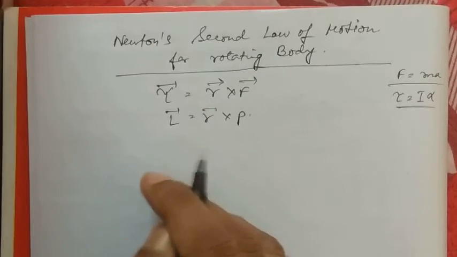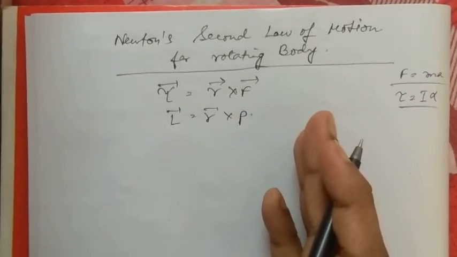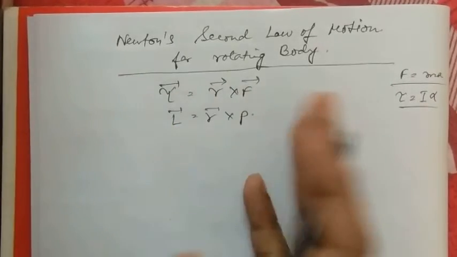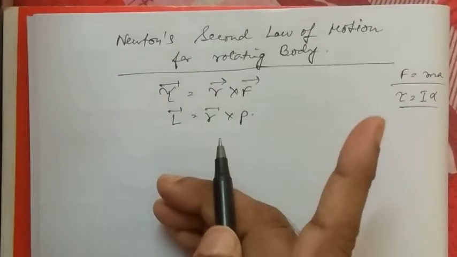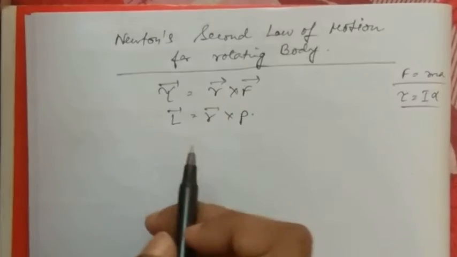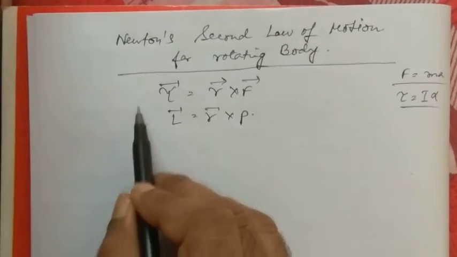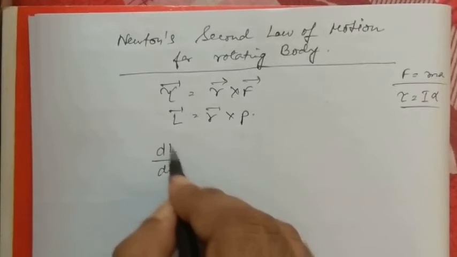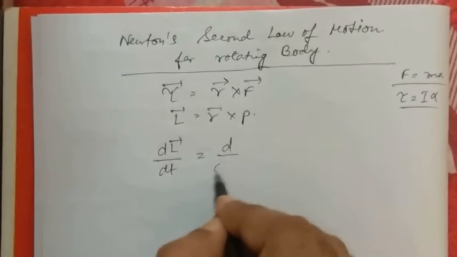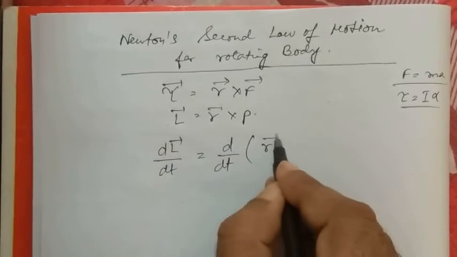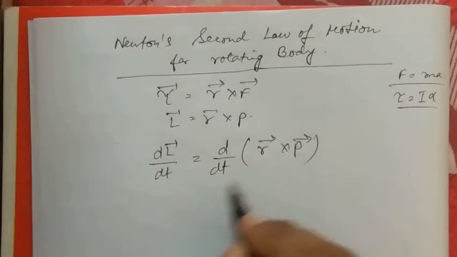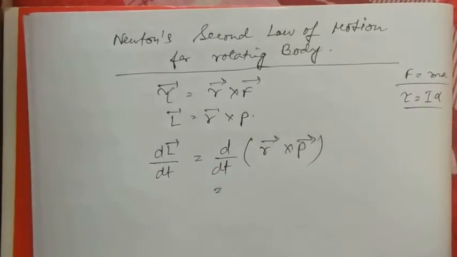Just as we did in translational motion for Newton's second law, which is the rate of change of momentum, here we have to take the rate of change of angular momentum. So the rate of change of angular momentum is dL by dt. We write r cross p instead of L. This is a derivative of u into v.